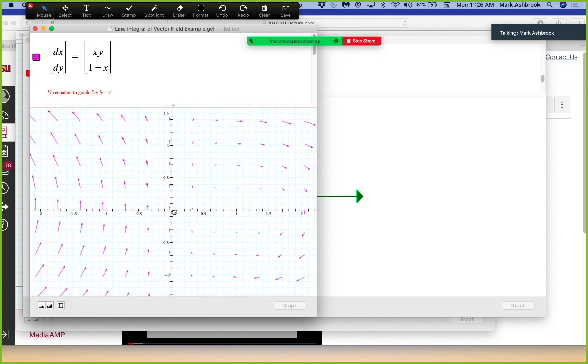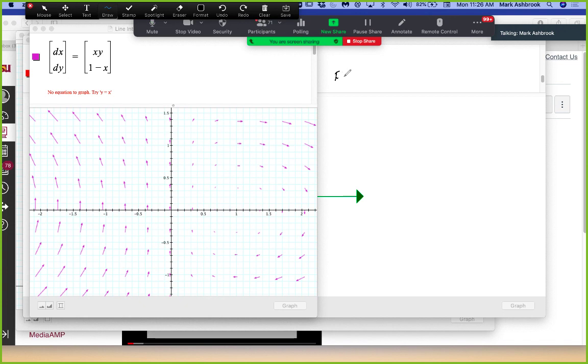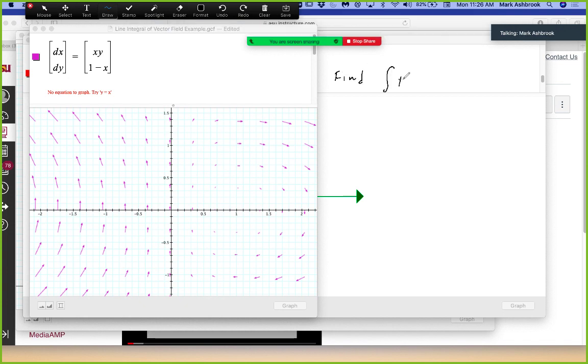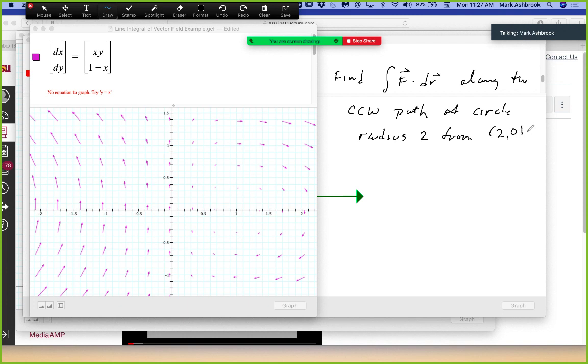So this is the vector field xy and 1 minus x, and we want to find the line integral of the vector field along the counterclockwise path of the circle of radius 2, from 2, 0 to negative 2, 0.